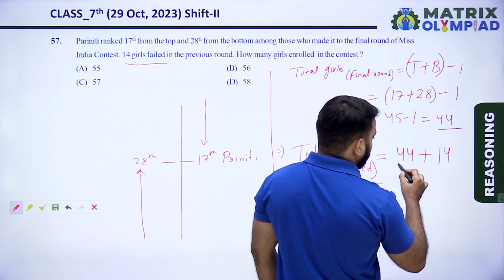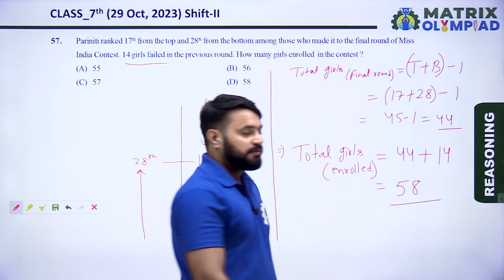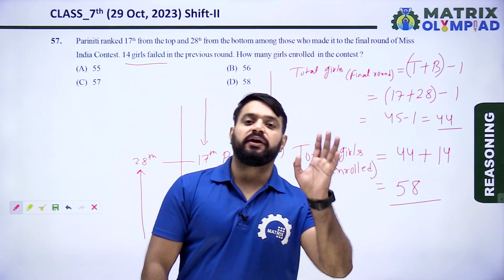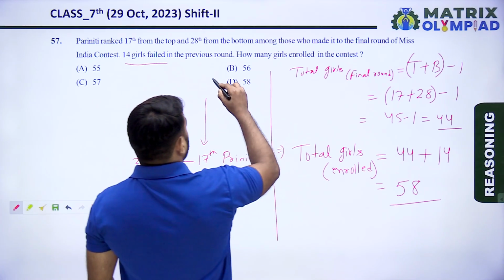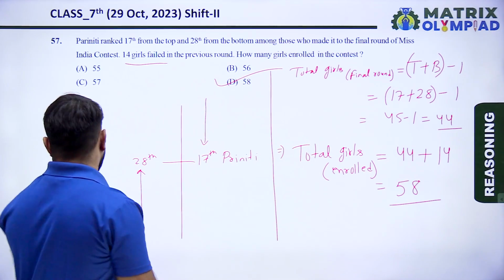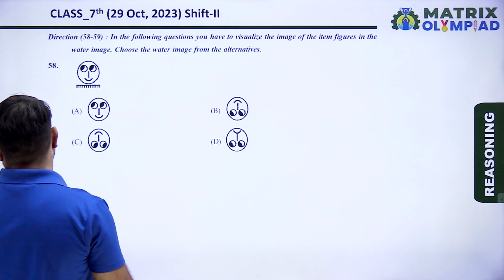So 44 plus 14 is 58. So there are 58 girls who enrolled in this contest. So the answer is option D. Now let's move on to the next question.